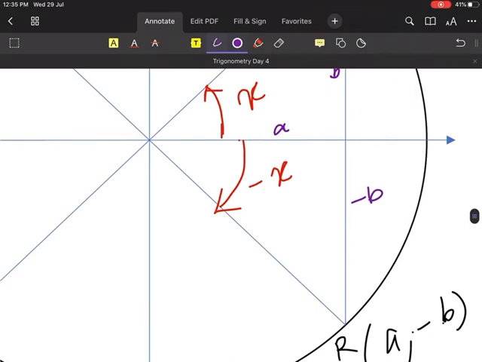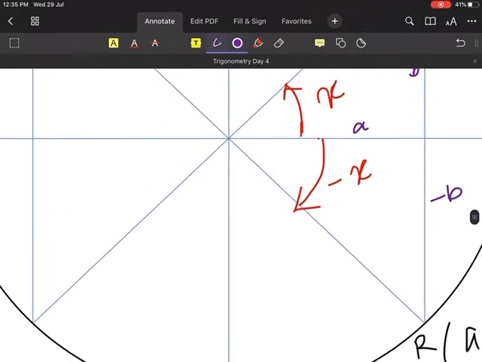Now let's put our focus in here. For this triangle, I am finding cos of this angle, and this angle is minus x. So cos of minus x is equal to how much?